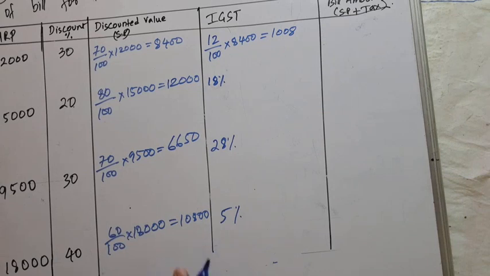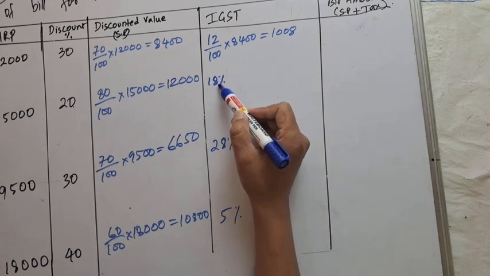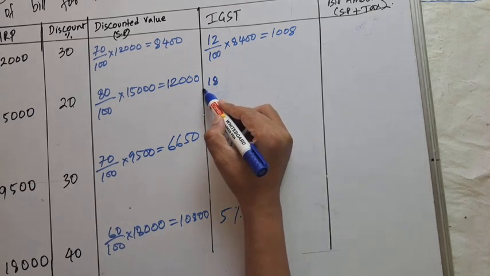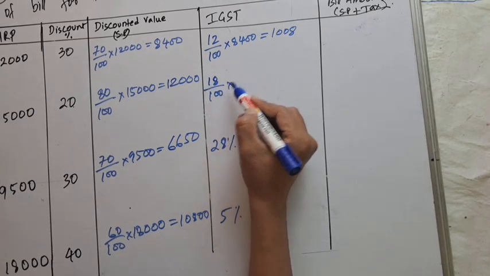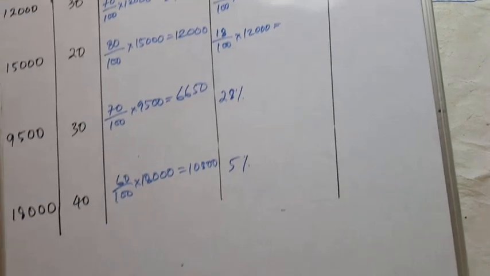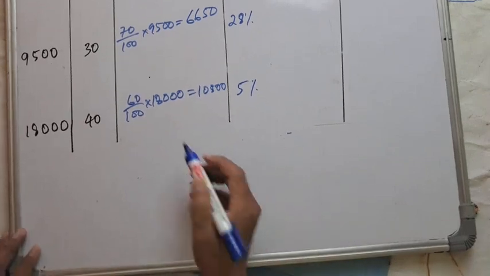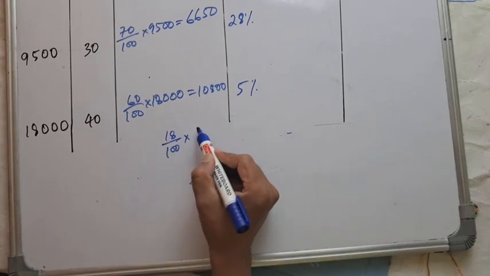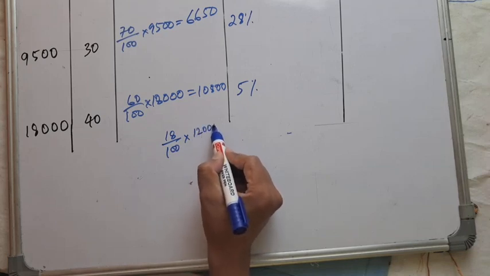Similarly, 18% of the selling price. We remove the sign of percentage. 18% of 12,000, isn't it? This will give us 18% of 12,000.